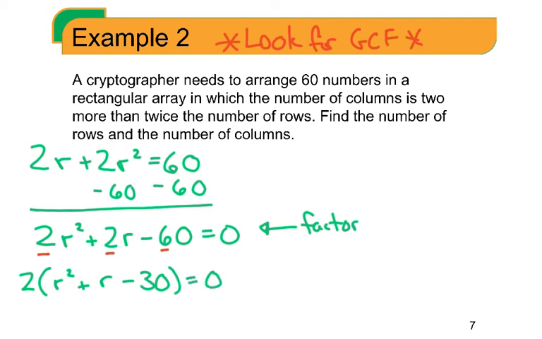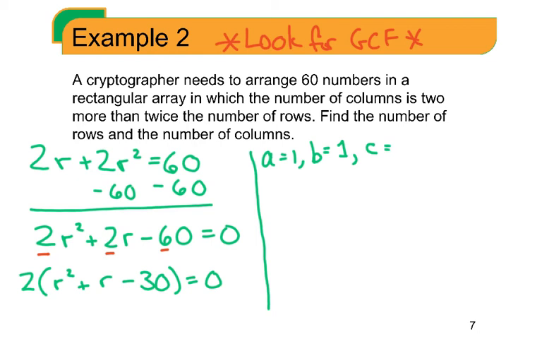Oh, this is going to factor nicely. Okay, so we have A equals 1, B equals 1, C equals negative 30. We know this is going to look like R and R, and we just have to fill in this blank. One will be positive, one will be negative.